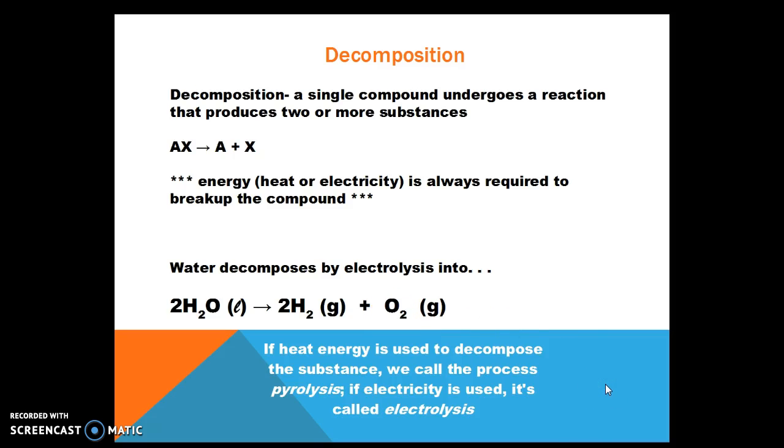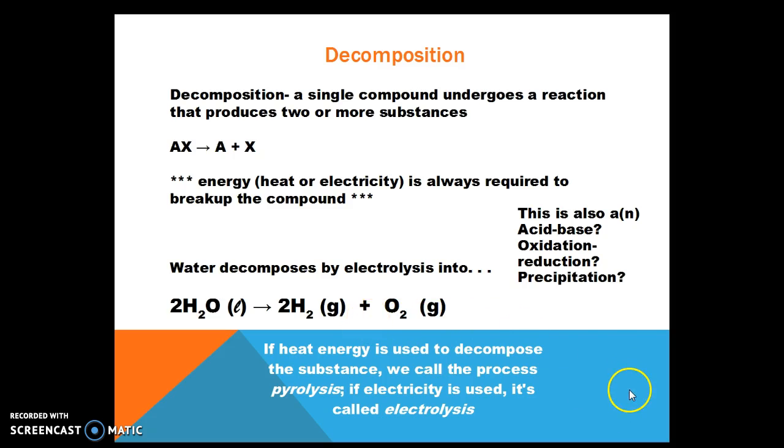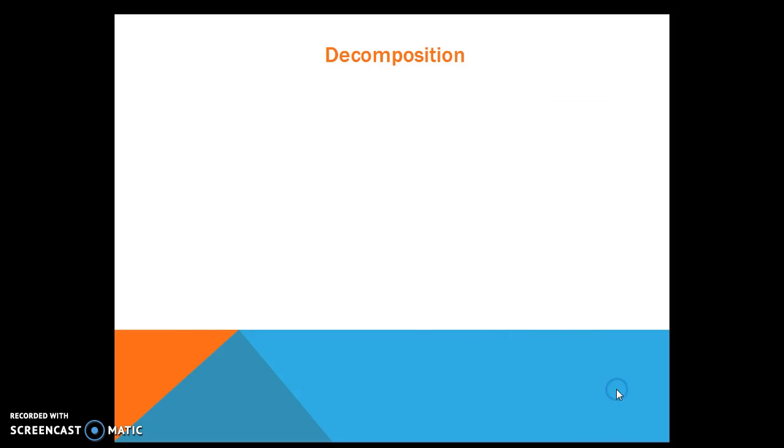If heat energy is used to decompose the substance, we call the process pyrolysis. If electricity is used, as it would be here, we call it electrolysis. This is also what kind of reaction? Look carefully and answer. It is an oxidation-reduction because we have the elements on one side and a compound of the elements on the other.